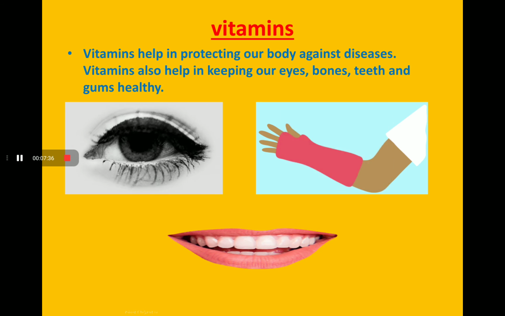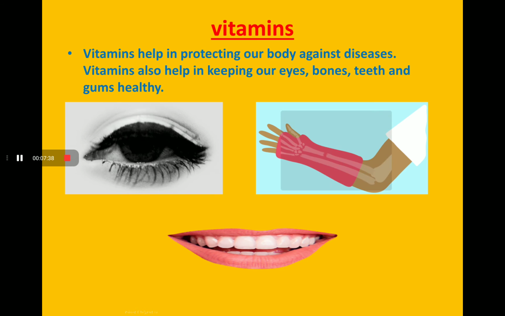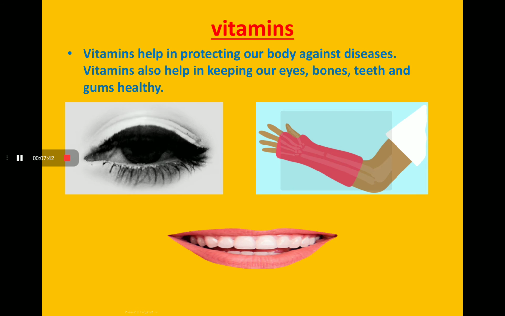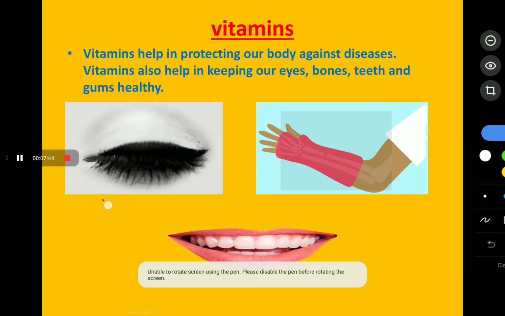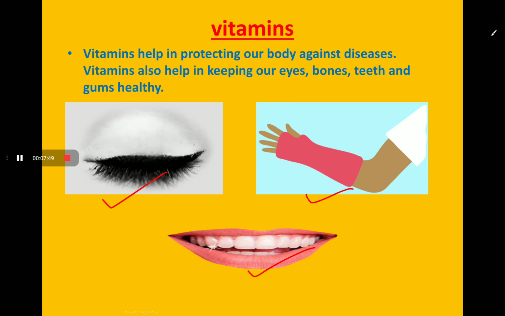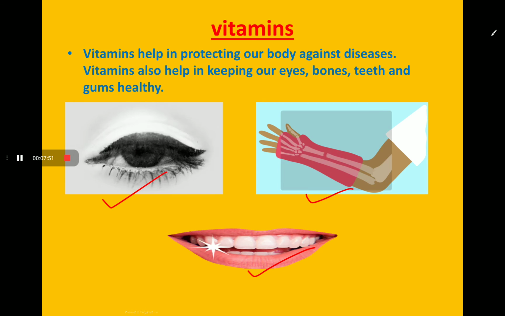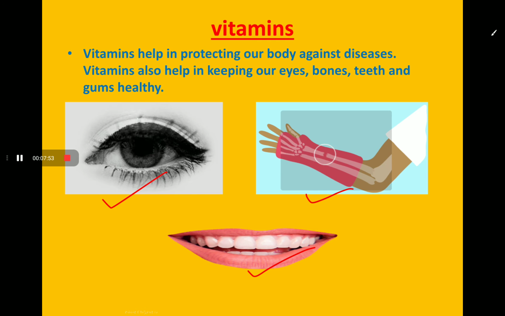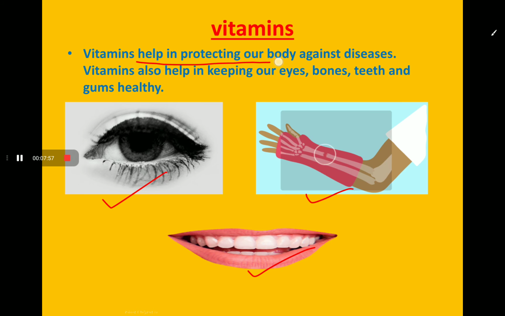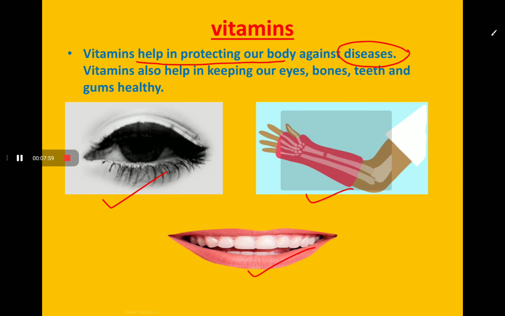So, vitamins are very important for our body parts, such as our eyes, bones, teeth and gums. These are the body parts for which vitamins are needed, and the most important thing is that they help in protecting our body against any disease.